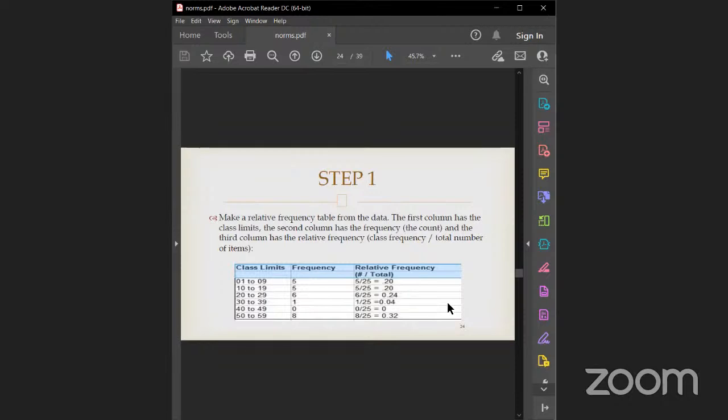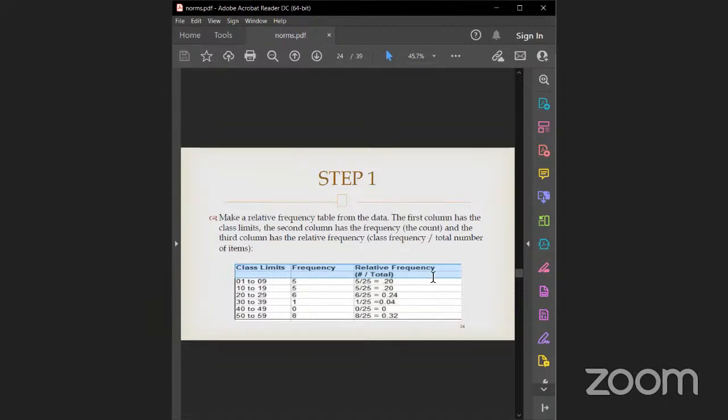Shrishti, Dani, anybody there? Yes. So when we say we need to organize them into class intervals and class limits, we're going to have to take into consideration what is the minimum score and what is the maximum score, right? That's something we need to take into consideration.